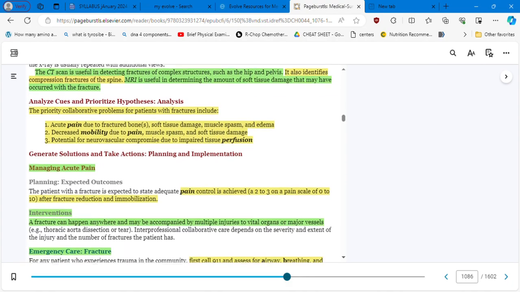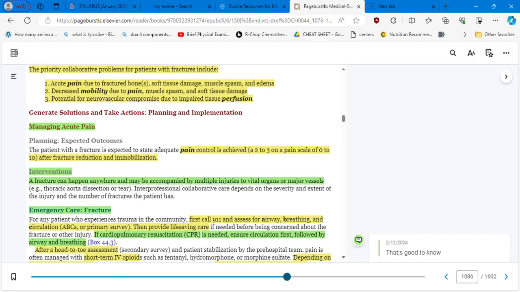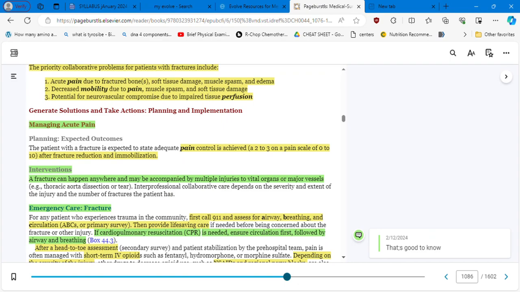So the priority collaborative problems for patients with fractures include: we need to control the acute pain due to fractured bones, address decreased mobility due to pain, muscle spasm, and soft tissue damage, and work on the potential for neurovascular compromise due to impaired tissue perfusion. That's the main goal, the priority.